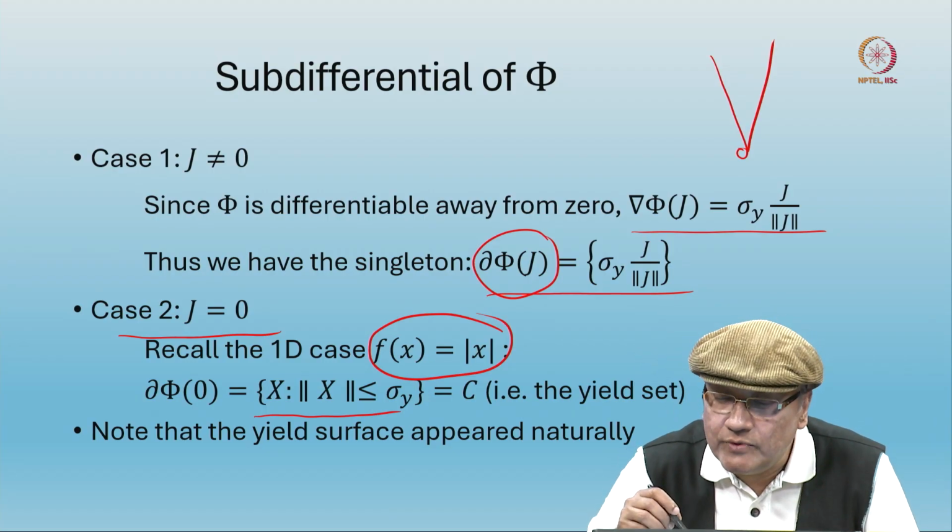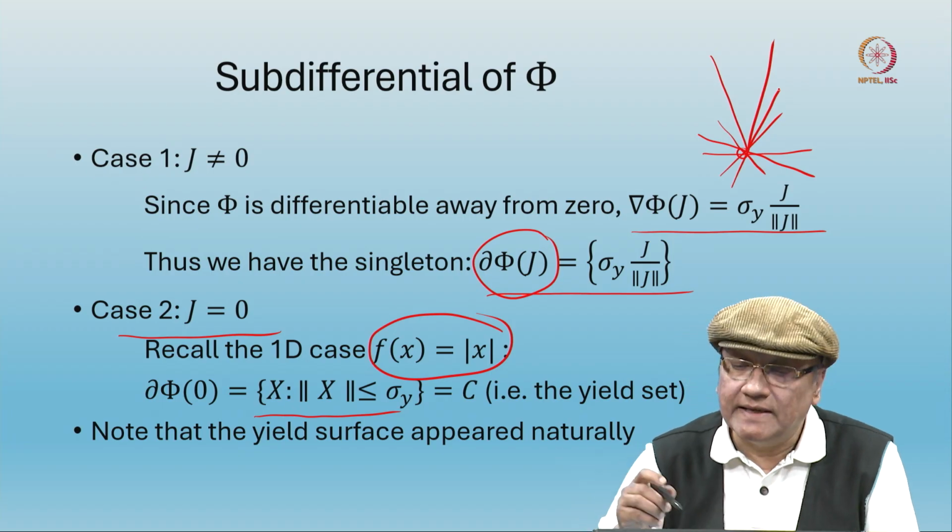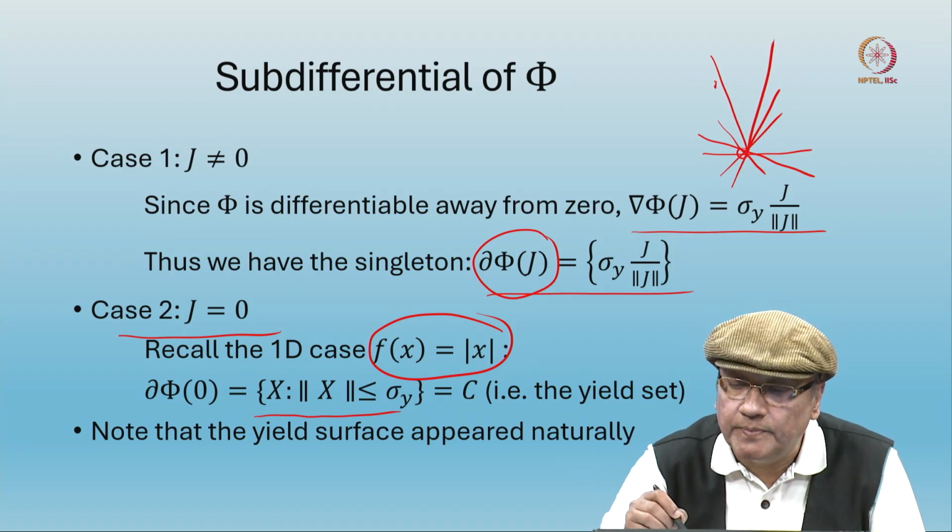Because you see, we are looking at the supporting hyperplanes. As I have been telling you repeatedly, all these are supporting hyperplanes. So from minus sigma y, this slope is minus sigma y, and this slope is plus sigma y.